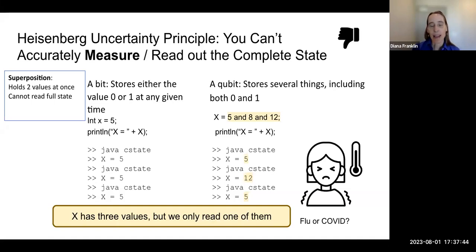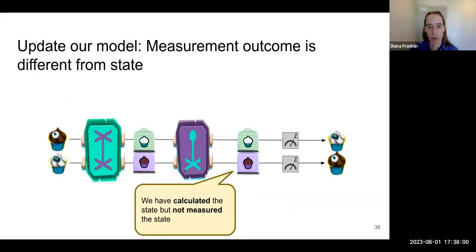And I can't 100% predict which one it's going to be. Okay, it's going to be one of the 3. So that's unfortunate, and that's one of the things that makes it very hard to figure out how to use quantum computing. Okay.